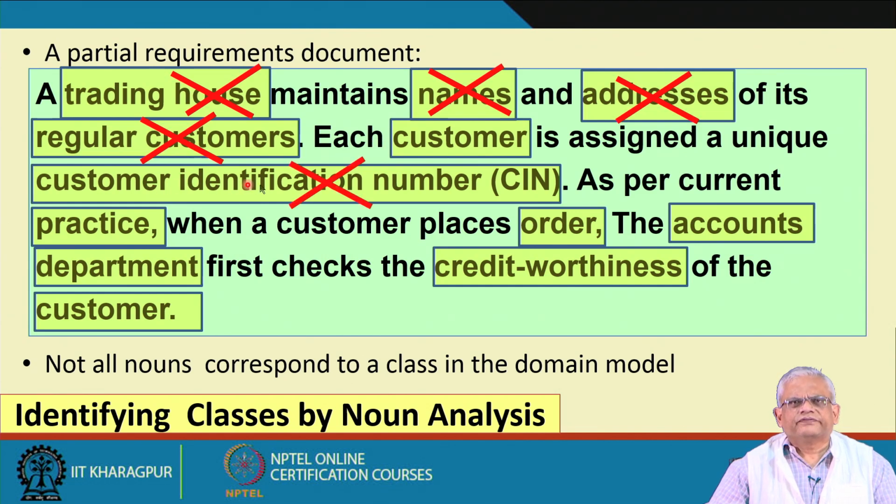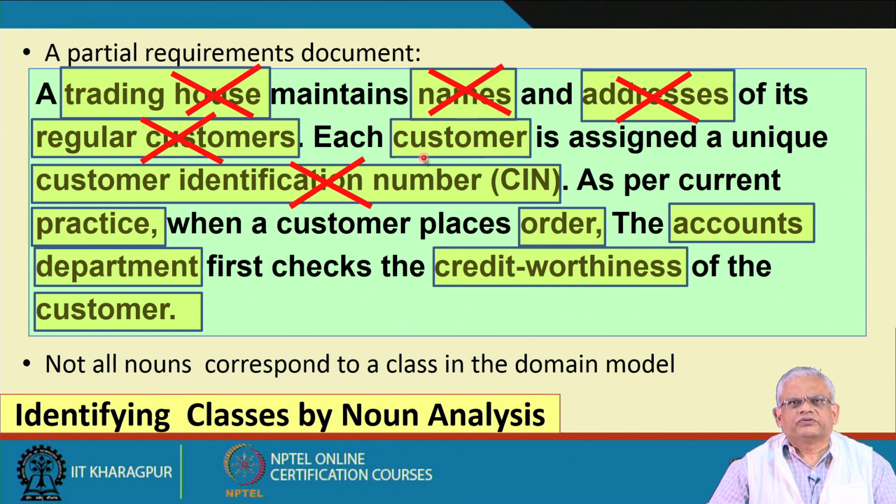The customer identification number, similarly, we cannot store data about it. There is just one data item and it is an attribute of the customer rather than an entity by itself. Typically an entity stores multiple data items, and we cannot really associate any meaningful methods with the customer identification number.